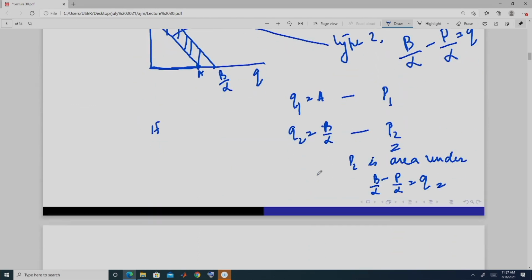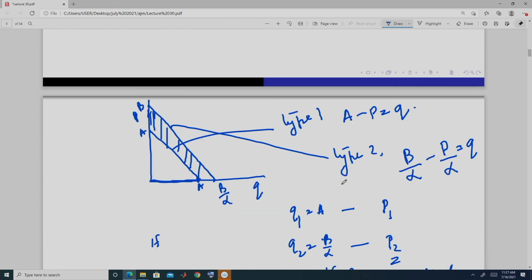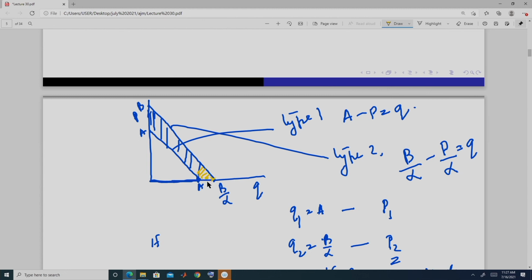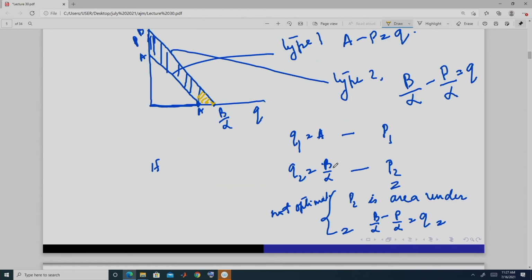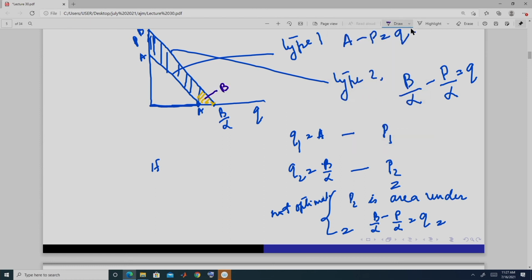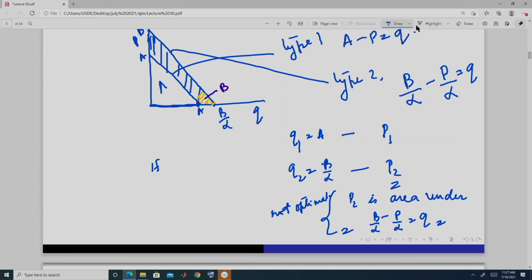So, this is not an optimal strategy because it violates self selection, but here it can charge this much. So, P2, and this area is suppose B, and this area is suppose, sorry, let us denote it in different ways, otherwise it will be confusing.